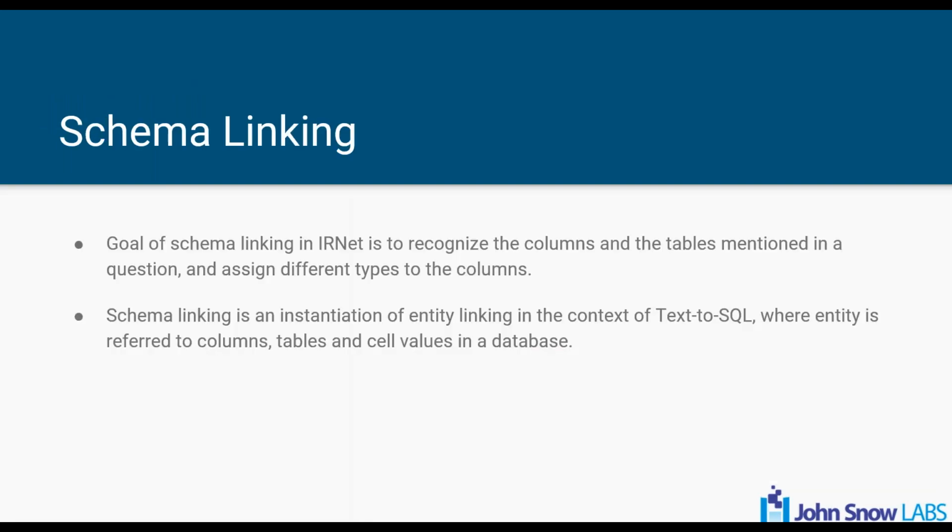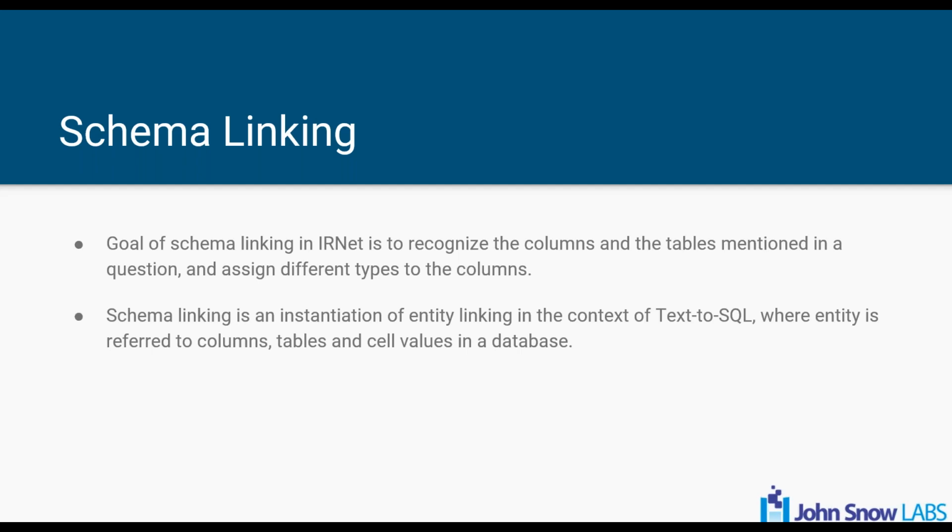They also have another component called schema linking. The goal of schema linking in this model is to recognize columns and tables mentioned in the question and assign different types to the columns. This is like a pre-processing step.